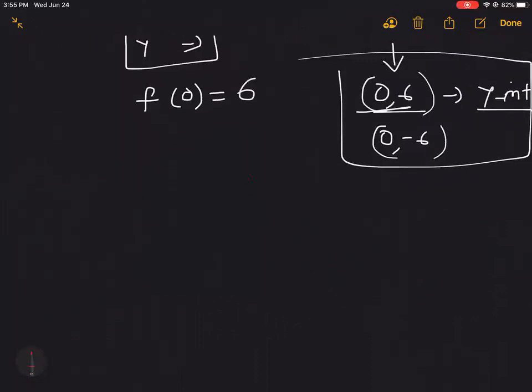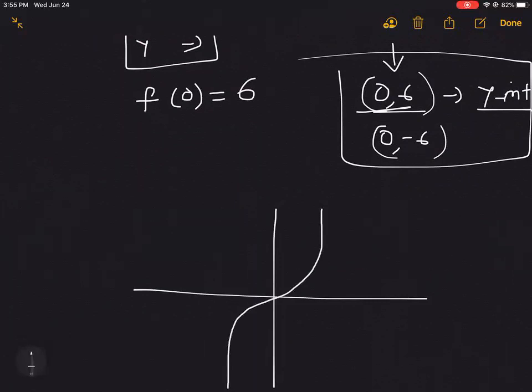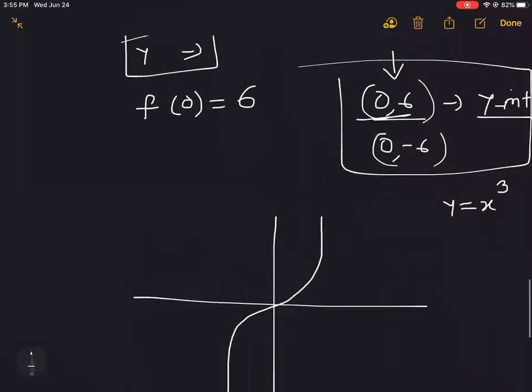So that gives me an idea. First of all, let me draw the graph for y equals x cubed. That's the graph of y equals x cubed. Okay, I definitely know it will have an intercept at y equals 6 instead of 0.